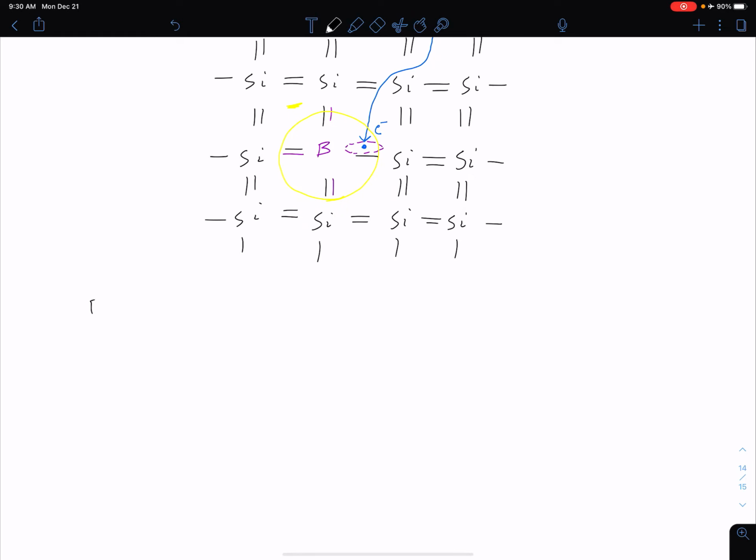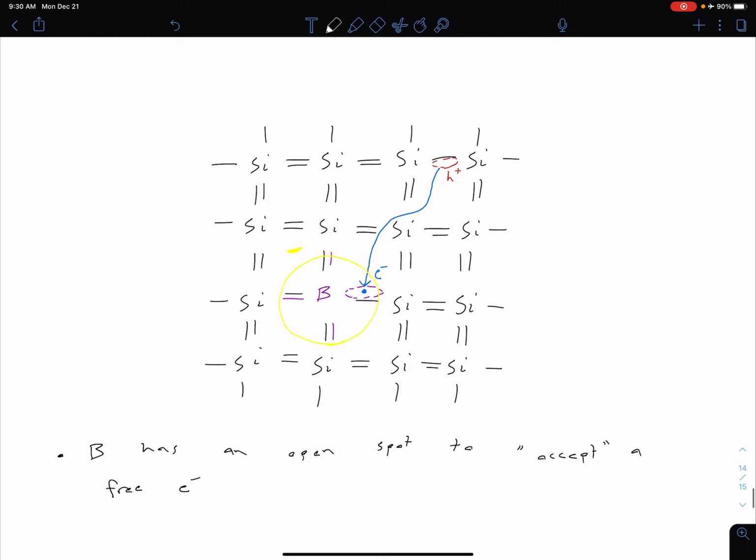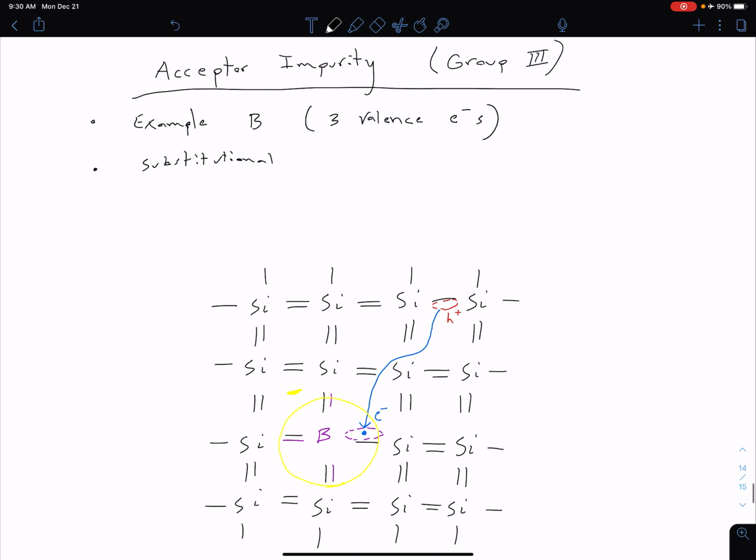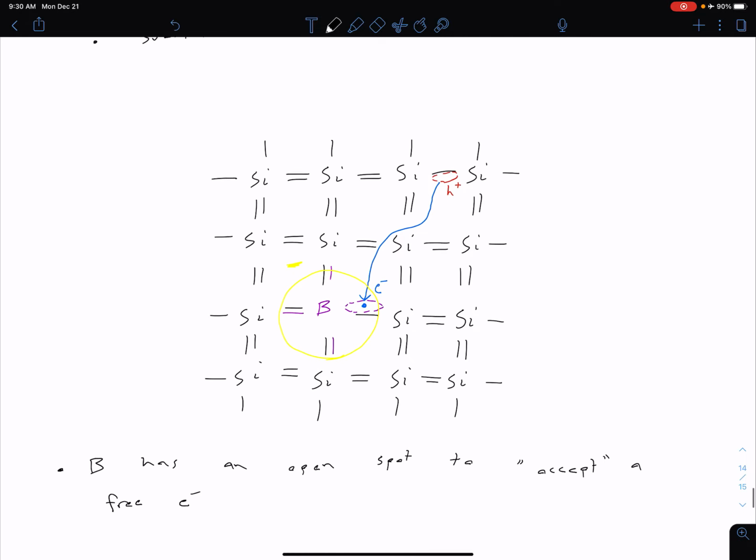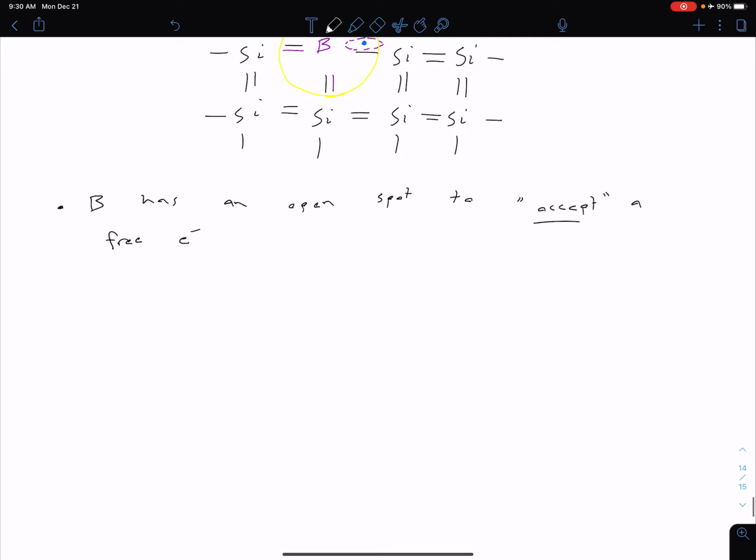In general, our boron has an open spot to accept a free electron, which is coming from the conduction band. That's where our terminology comes from in calling this an acceptor impurity, because it's accepting free electrons from the lattice.